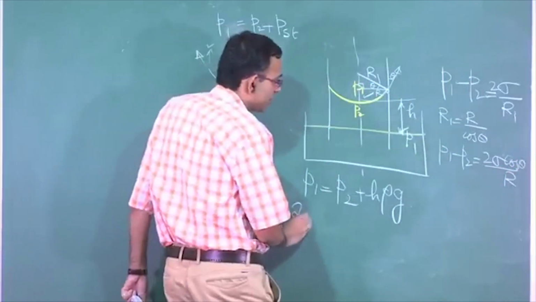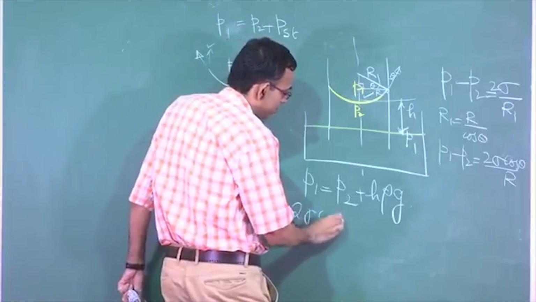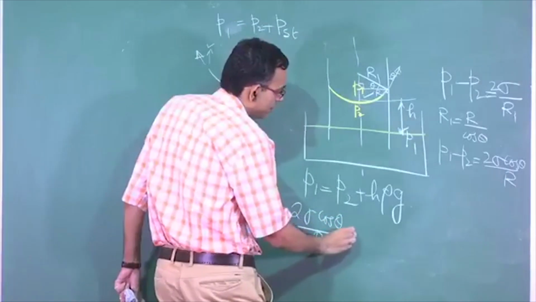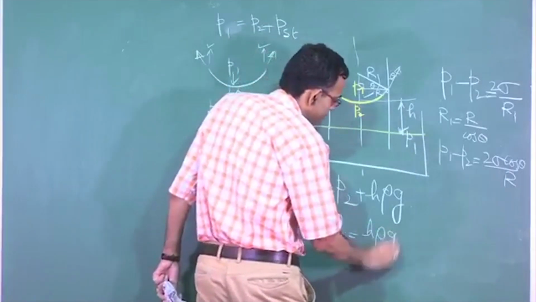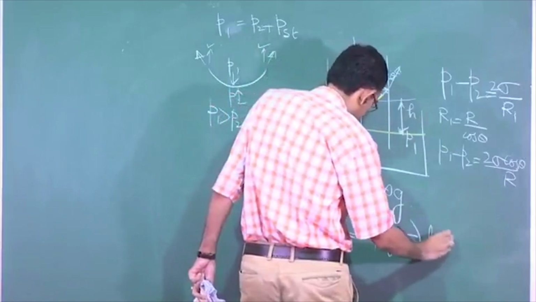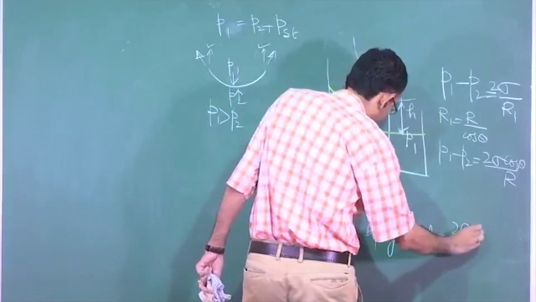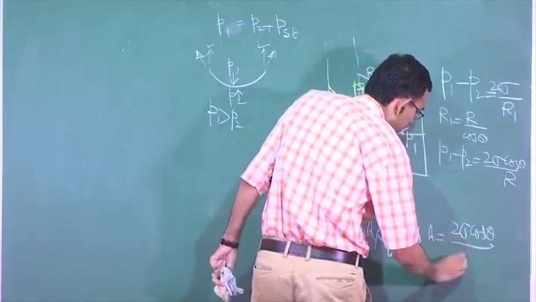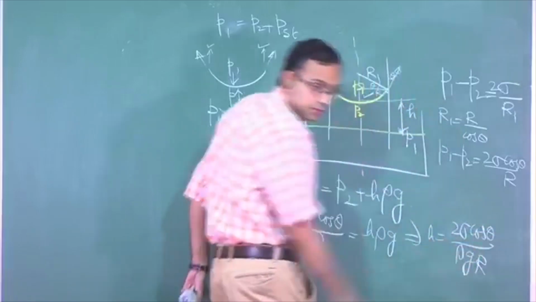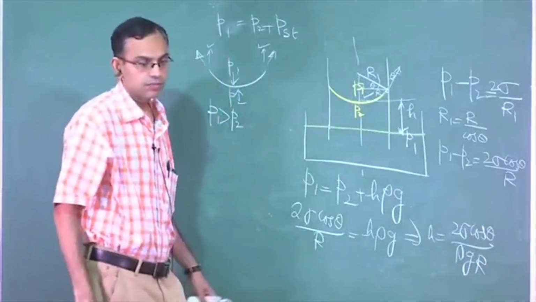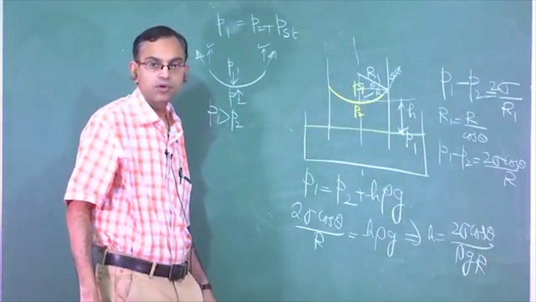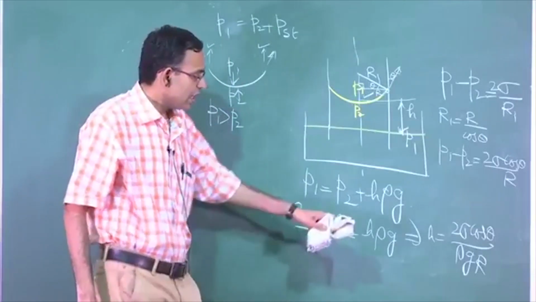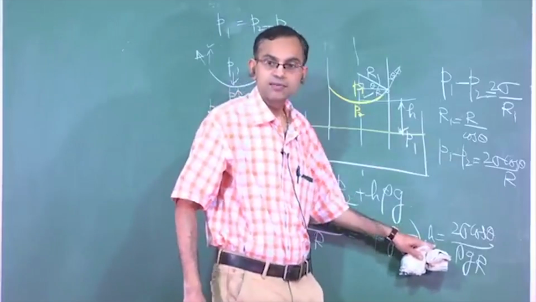So 2 sigma cos theta by r is equal to h rho g. That means h is equal to 2 sigma cos theta by rho g r. Okay. So this h is called the capillary rise.